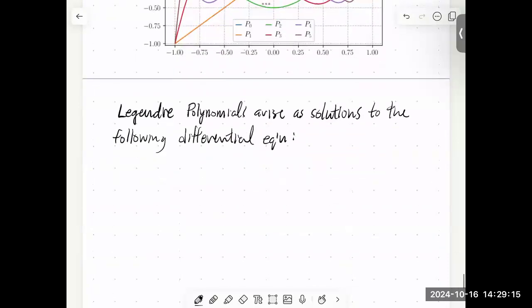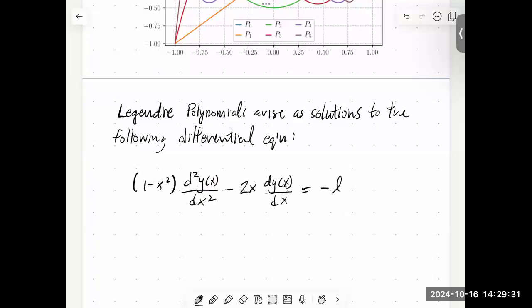This differential equation is not nice looking. It's (1 minus x squared) d2y(x)/dx2 minus 2x dy(x)/dx equals minus L(L plus 1) y(x). And we're going to call this equation number sign.